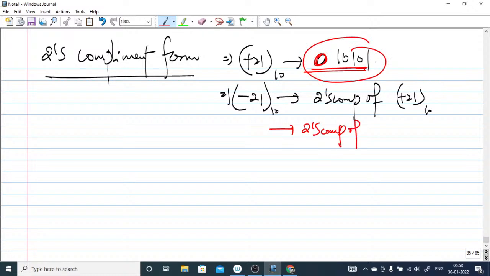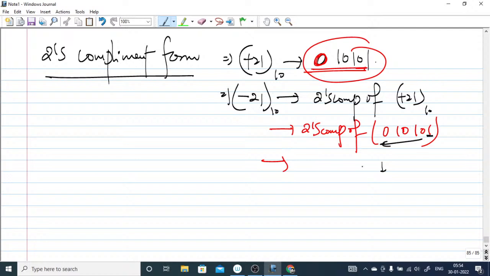So 0 1 0 1 0 1. What is the 2's complement of this? Anyone can find it. As I told you, copy as it is up to the first 1 and complement each bit after that.